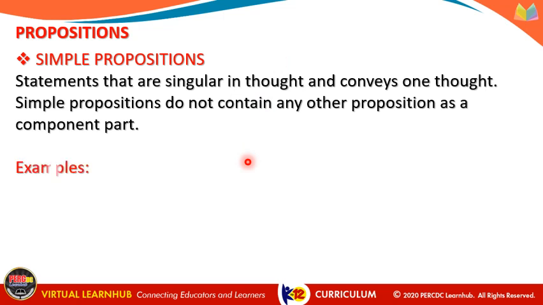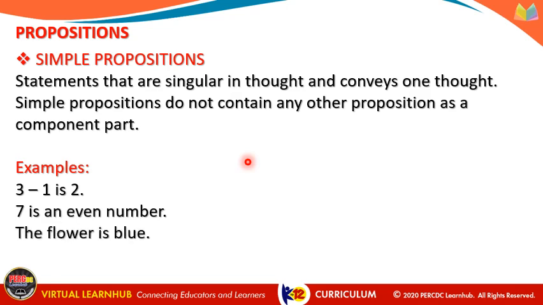Example, we have the following. 3 minus 1 is 2. 7 is an even number. The flower is blue. The square root of 4 is 2. As you can see, from these four statements, only one thought is being conveyed. So these are examples of simple propositions.